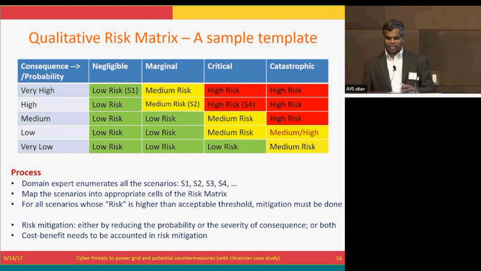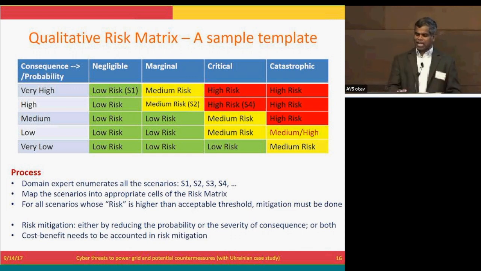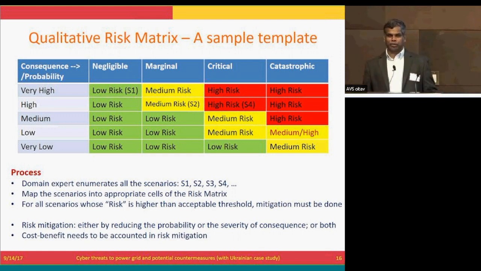So essentially, the cost-benefit analysis from a risk mitigation perspective can be formulated as an optimization problem. People have worked on those kinds of things also. The challenge with this one is quite intuitive. If you give it to domain experts, they can fill in this chart, which could be used for operational decision making for risk mitigation.